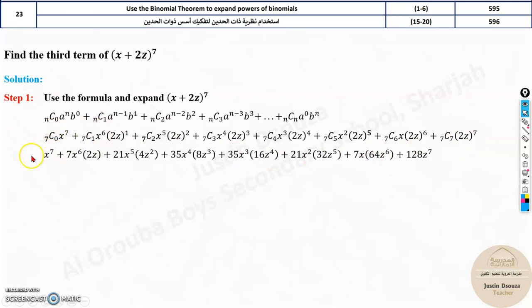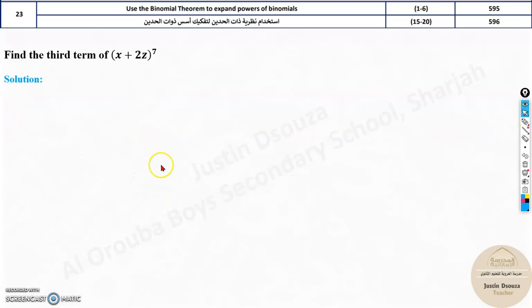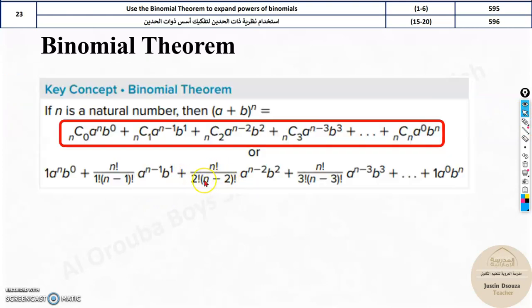See, 7C0 is 1, 7C7 is 1, and over here it'll be 7 into 6. The formula is very simple. This is the expansion of nCr: n factorial divided by (n minus r) factorial into r factorial.